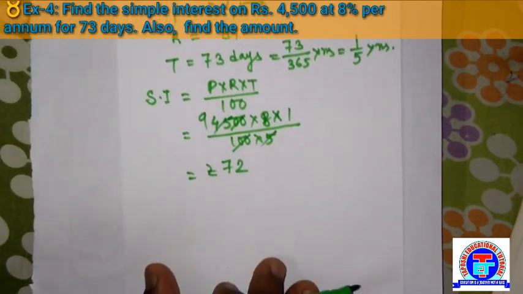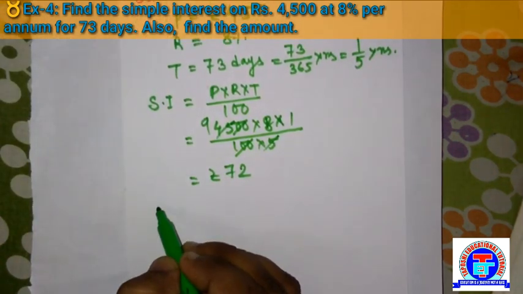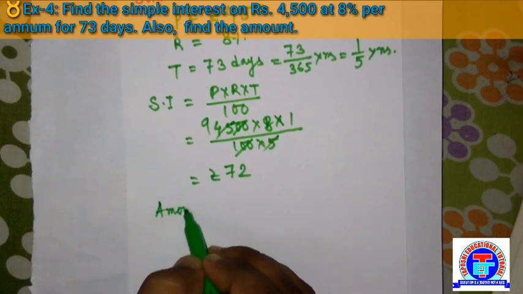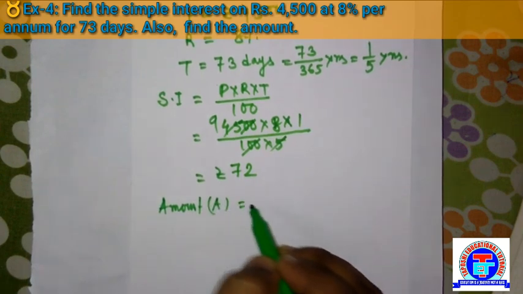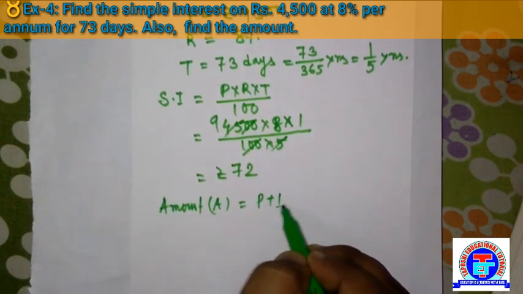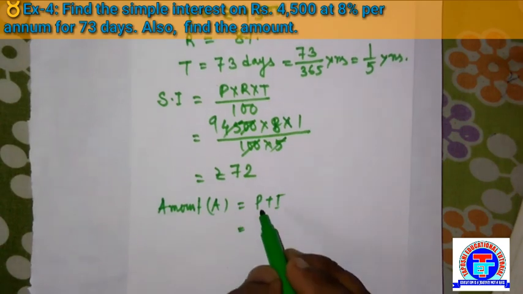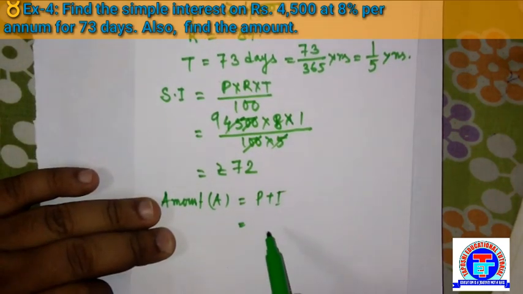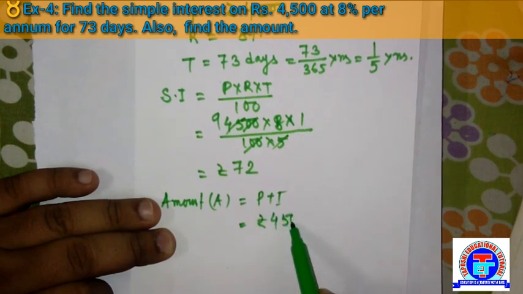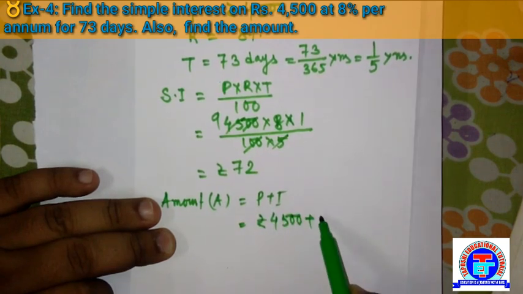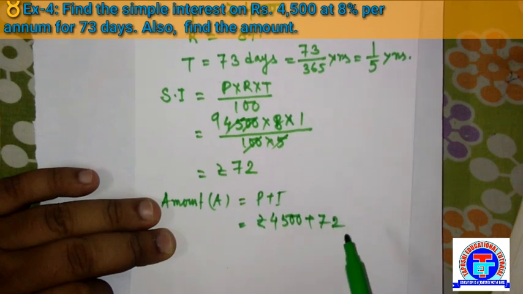Now amount A is equal to P plus I. So put the value of P here, rupees 4,500 plus 72.